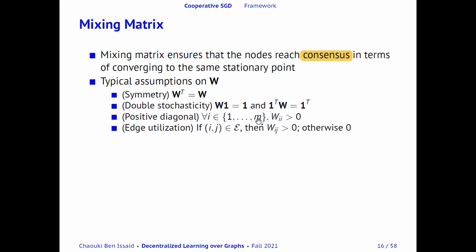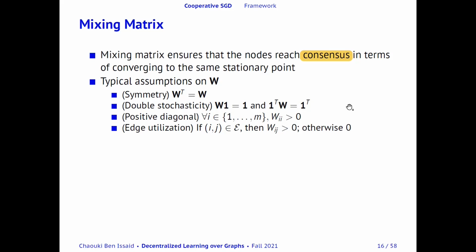Also, it has a positive diagonal, meaning W_ii is strictly positive because every node needs to incorporate its own model in the mixing, and the edge utilization property, which means that if node i has a link with node j, then the associated weight is strictly positive.